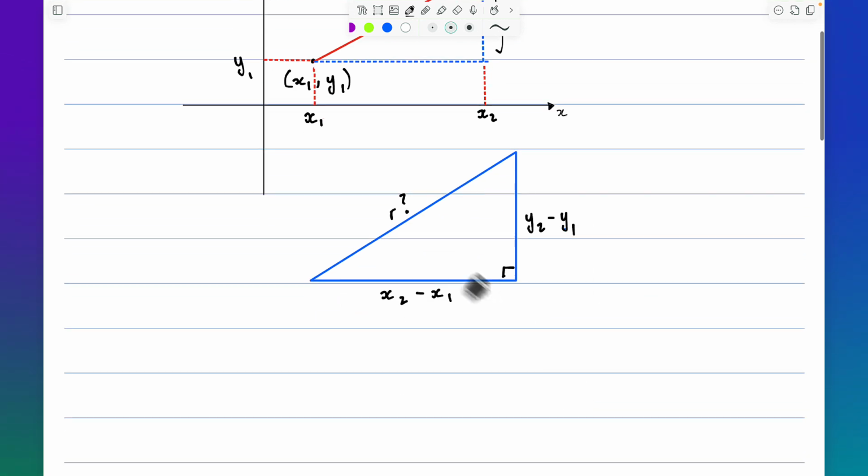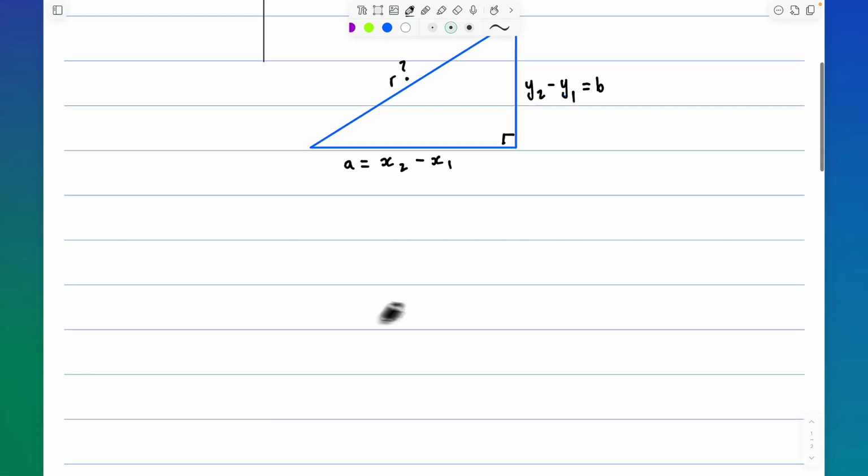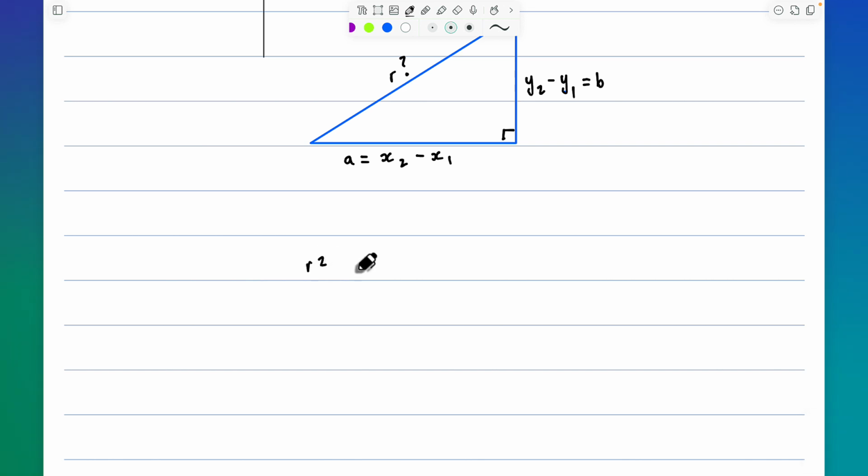Remember, Pythagoras theorem says, if this is my a and this is my b, in order for me to find r squared, I would take a squared plus b squared, which can also be written as r is equal to the square root of a squared plus b squared.